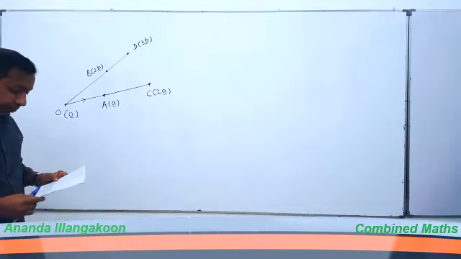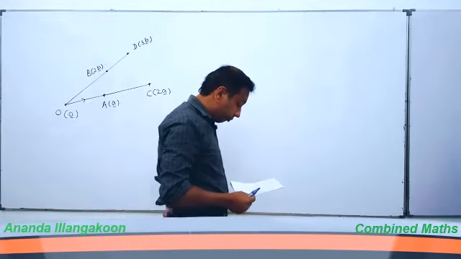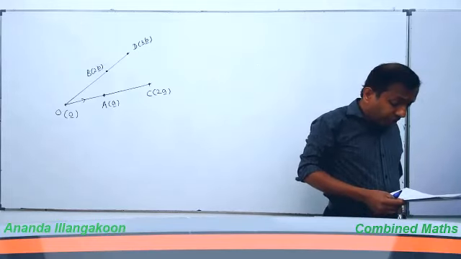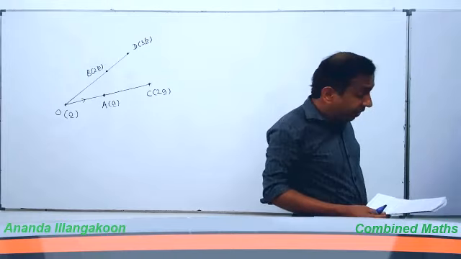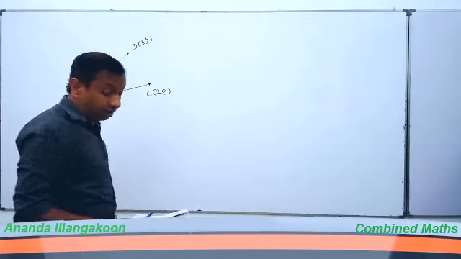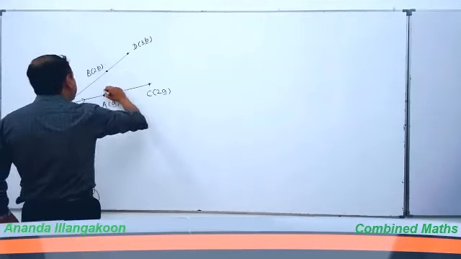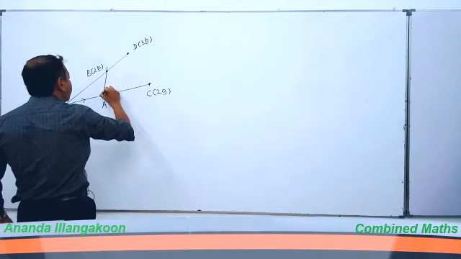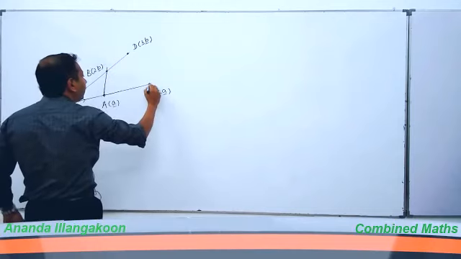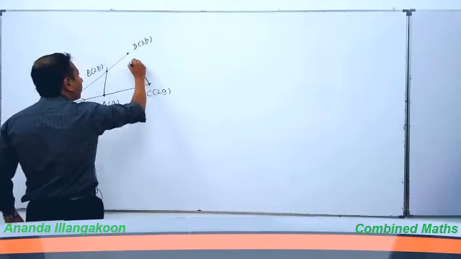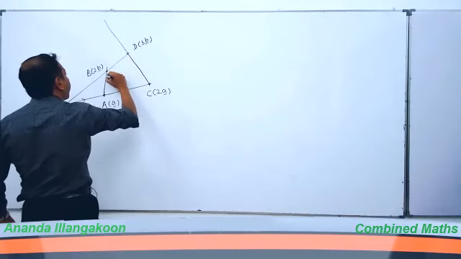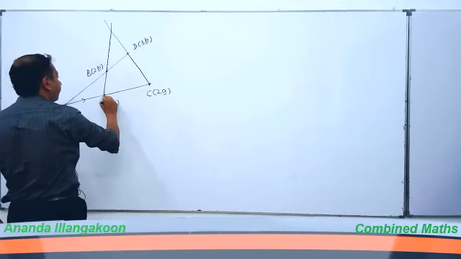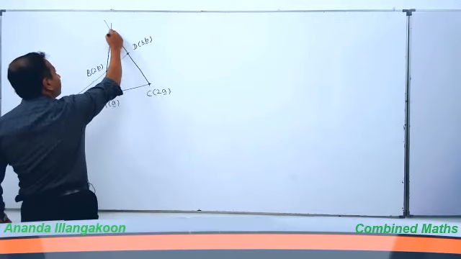Okay. Now, what is next? Show that the position vector of the point of intersection of AB and CD. We can join AB like this, and CD we can join like this. AB and CD intersect here.